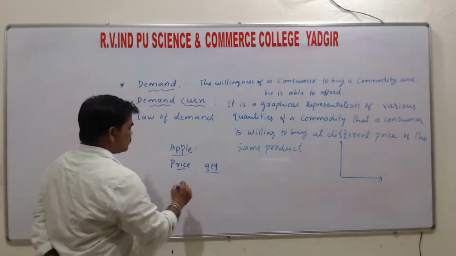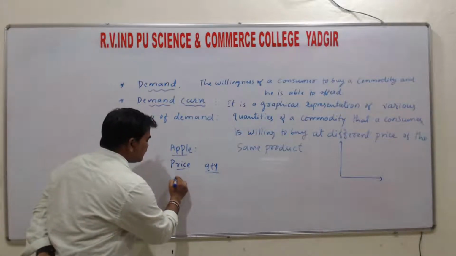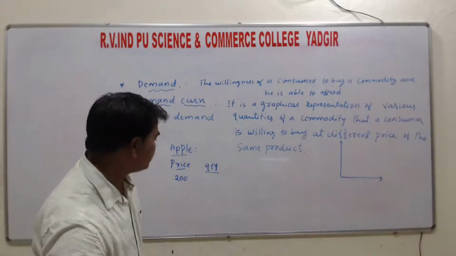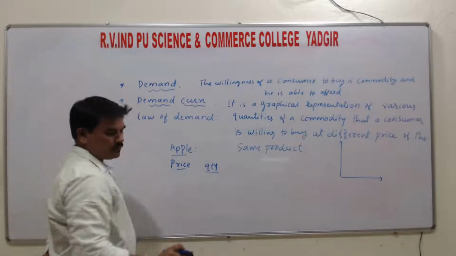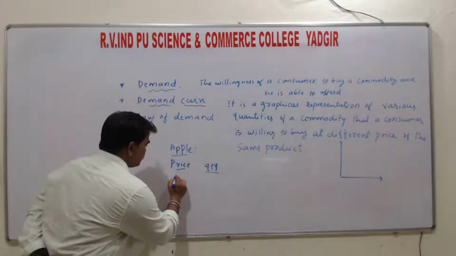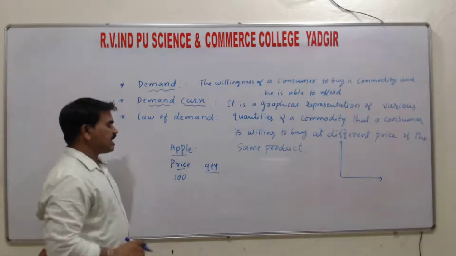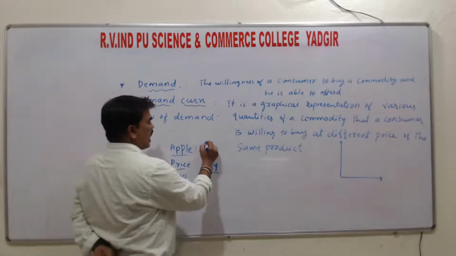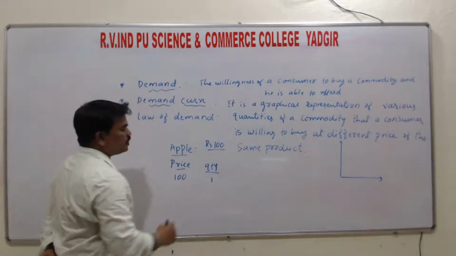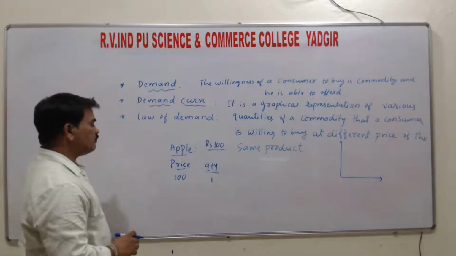Okay, suppose the apple per kg is 200, or we can say per unit. If the price of one apple is 100 rupees, and I have limited resources, how much can I afford? I can buy only one. My willingness is only one. I can go with one apple.